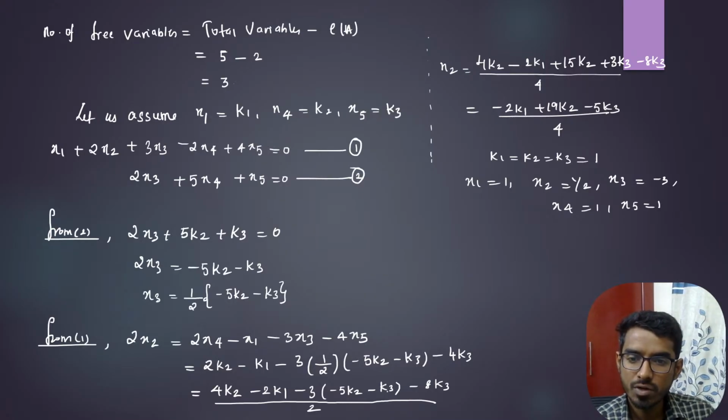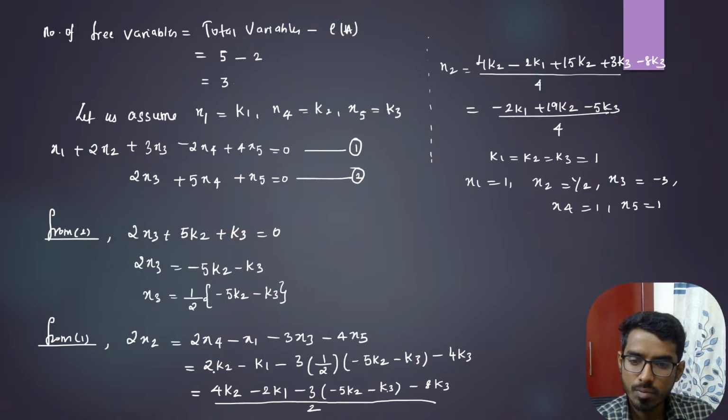So 2 times x3 is equal to minus k2 minus k3. So x3 is 1 by 2 times minus 5k2 minus k3. So x3 is correct. So 2 times x2 is equal to x4 minus x1 minus 3x3 minus 4x5. So x4 is k2, minus x1 is k1, minus 3 times x3. So x3 is 1 by 2 times minus 5k2 minus k3, and x5 is k3. Yes, this is also correct.